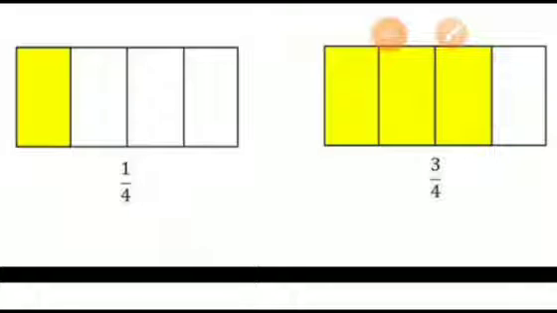Now for the second case also, as you can see in the diagram, the 3/4 fraction is being represented. So that means 3 portions are shaded or colored out of the total 4 parts.